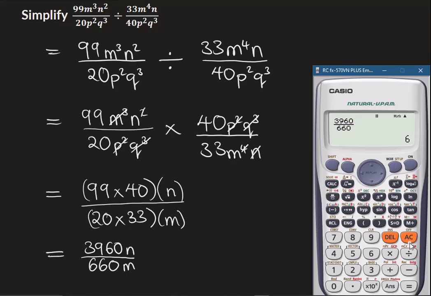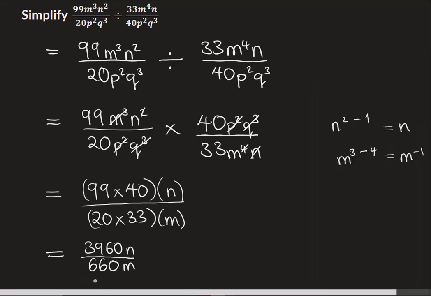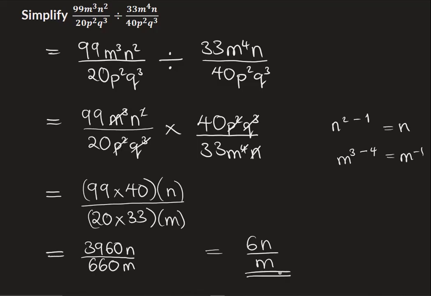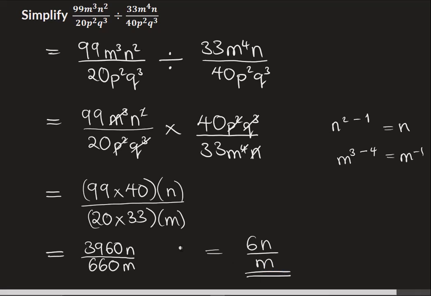Our answer is 6. So our final answer is 6n over m. This is how you could do these questions very quickly. Some people will say, no, that's laziness, but you need to know how to use your calculator very well, because in later stages of your education, these simple things will make you very efficient.